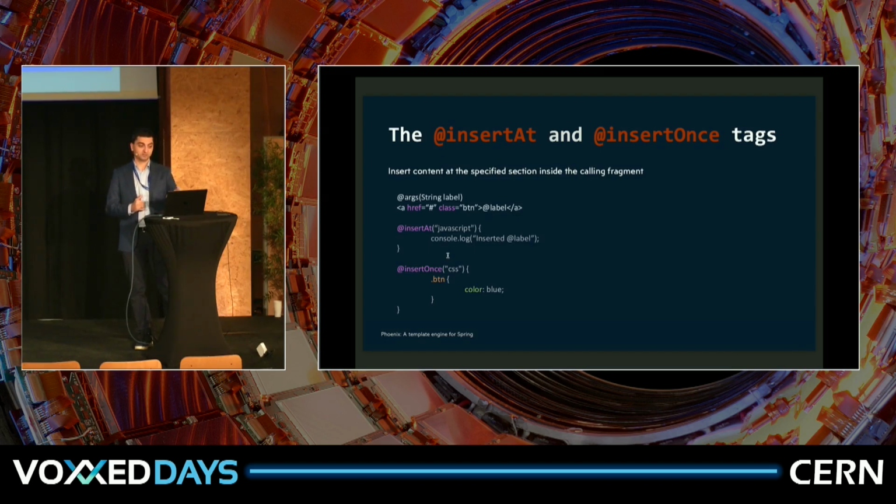For example, here I have a button that also has a CSS class and a JavaScript that just logs that the button was added. And even if I add the same button 2 times, 3 times, or more, I want the CSS to be added only once because it's the same style for all the buttons. And using @insert once, I can do this.